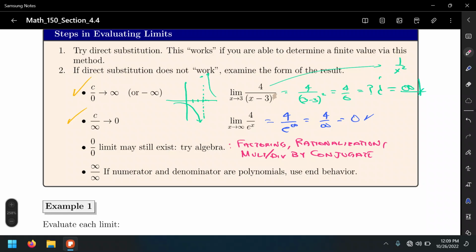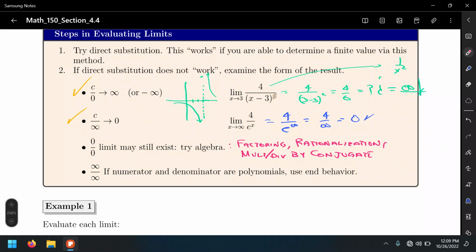When we have a polynomial over a polynomial, we look at the degrees of the polynomial in the numerator and the denominator. If both degrees are the same, we just go with the ratio of the leading coefficients. If the degree in the numerator is less than that in the denominator, we have a larger infinity in the denominator, and that's going to be 0.